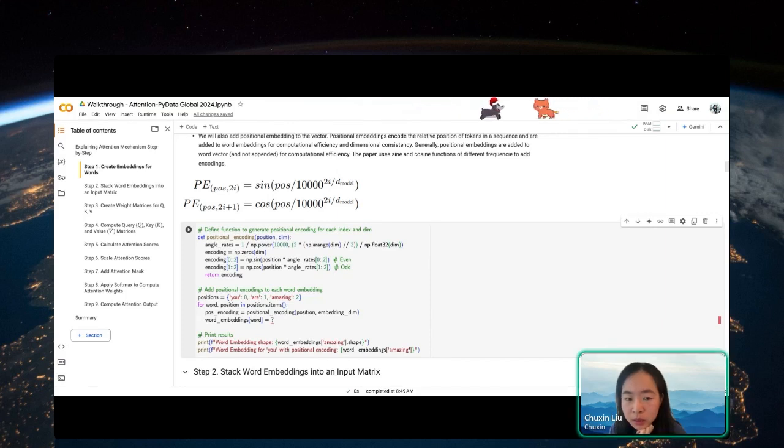Okay, so for this one, the answer is just to combine the word embeddings and the positional encodings together.